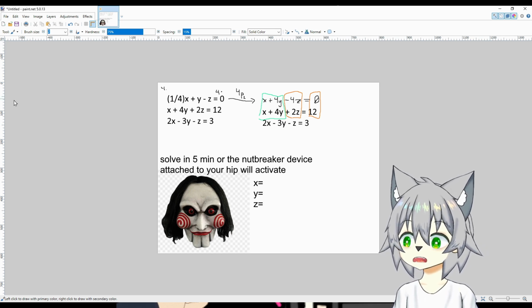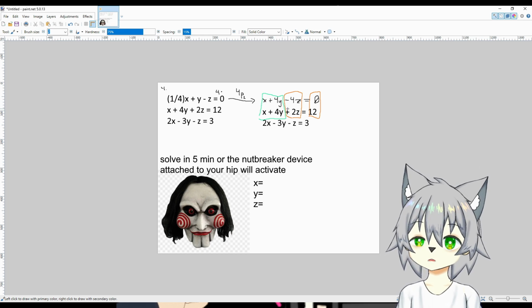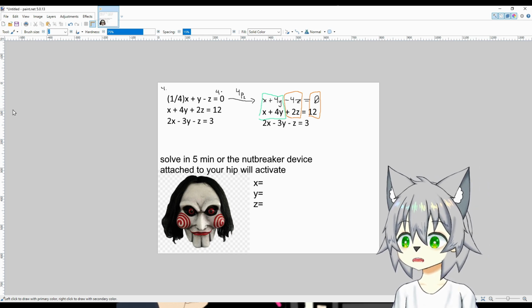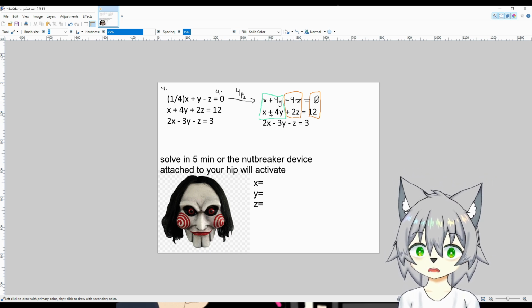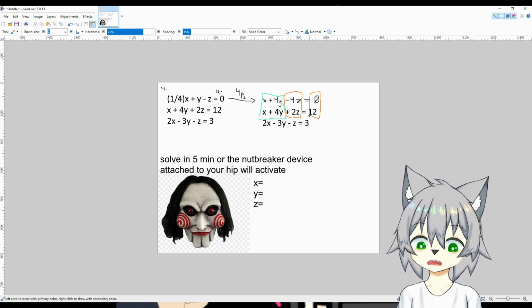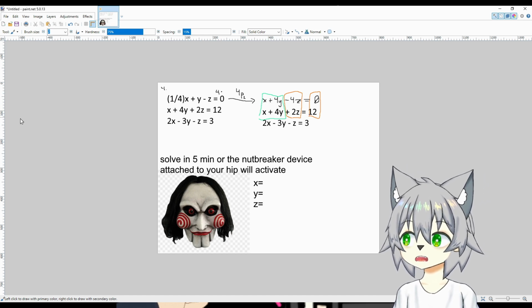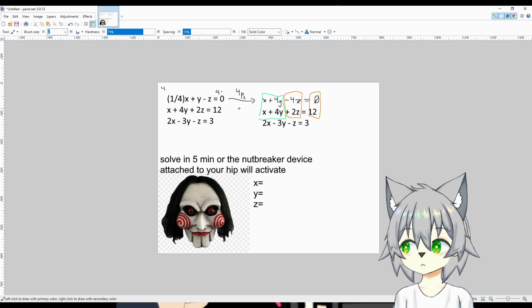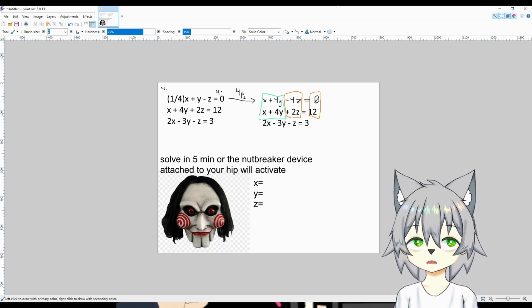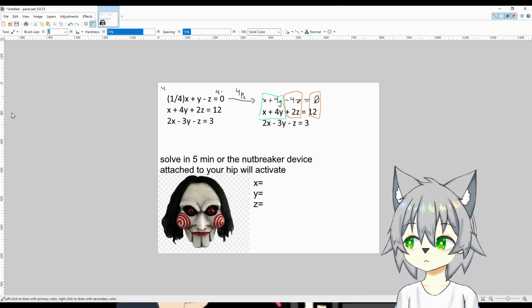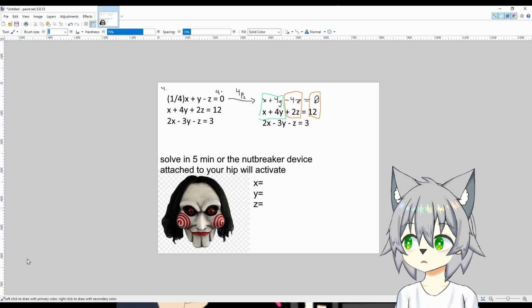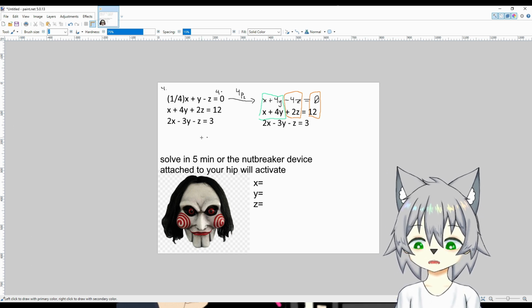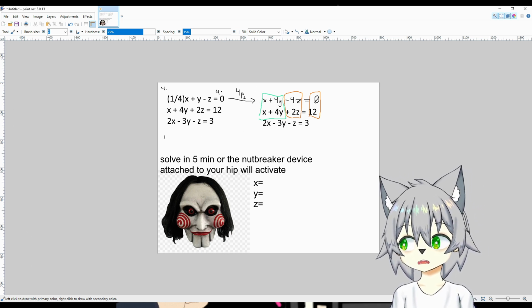So then, what can we do here? Suppose we subtracted. We know that x plus 4y minus 4z equals 0 and x plus 4y plus 2z equals 12, then we can say that, let me write it out real quick. We don't have much space here, but we can make do.